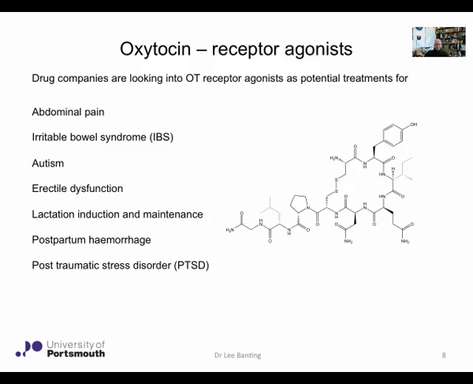Post-traumatic stress disorder most definitely indicates a neural component, a neural topic that is of interest to the drug companies. Control of pain. These compounds may well have a role in pain that's emerging, and anxiety. So we can see quite a diverse range of potential treatment areas to be addressed by new compounds.